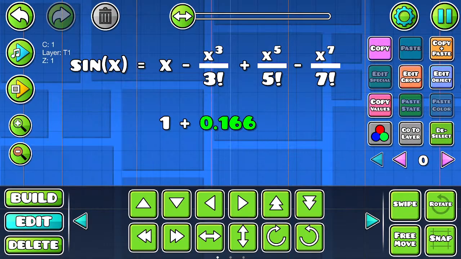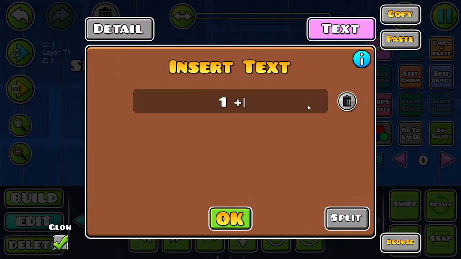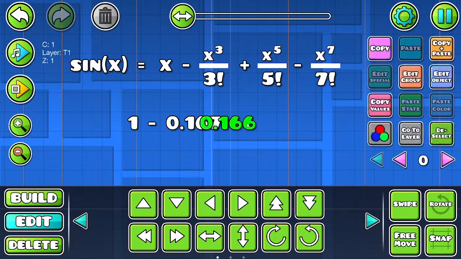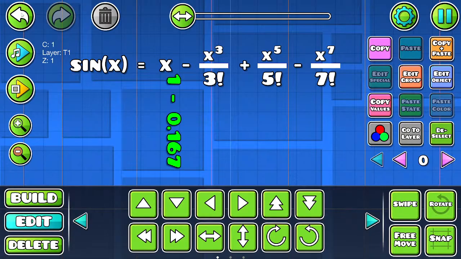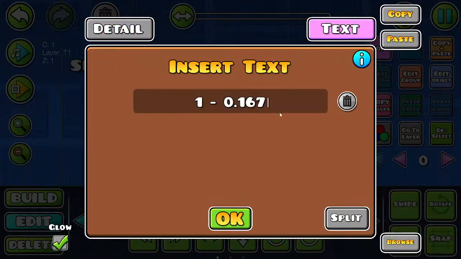Oh wait, you're subtracting. I messed up. Actually, I'm gonna round it. Please ignore this number.